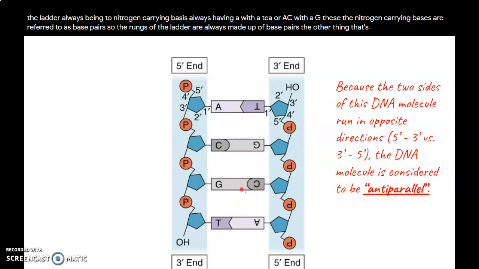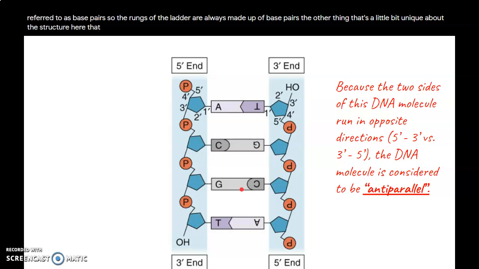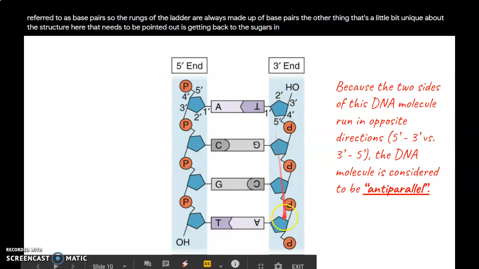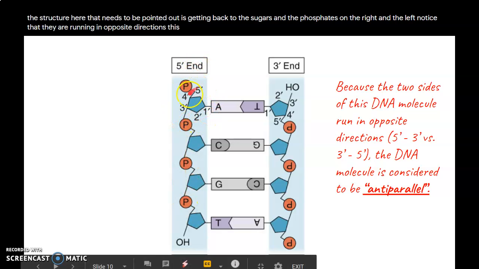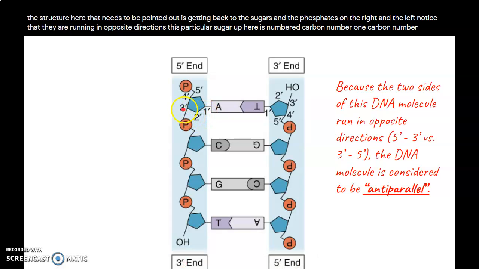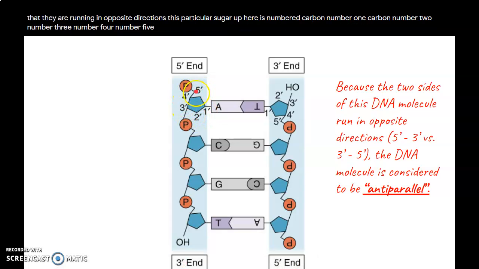The other thing that's a little bit unique about the structure here that needs to be pointed out is, getting back to the sugars and the phosphates on the right and the left, notice that they are running in opposite directions. This particular sugar up here is numbered. Carbon number 1, carbon number 2, number 3, number 4, number 5. Notice that it's the 5th carbon that's sticking up down there, whereas it is the opposite here.